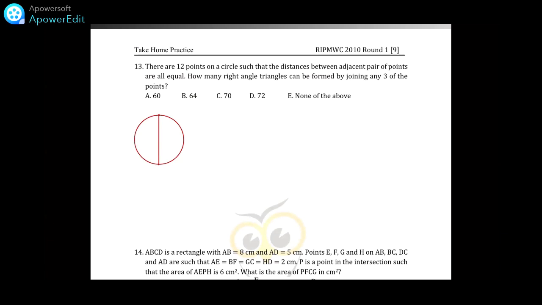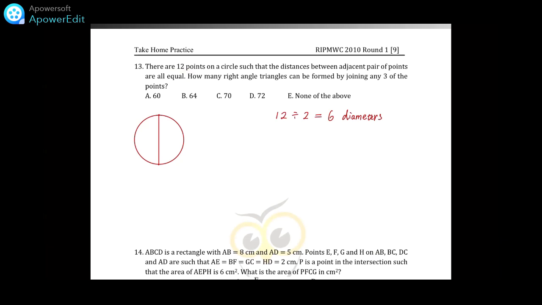Okay, for the points that are opposite to each other, if we connect them together, this gives us the diameter. There are 12 points, so there are 6 pairs of points divided by 2. 6 pairs, each pair gives us 1 diameter. Okay, there are 6 diameters.